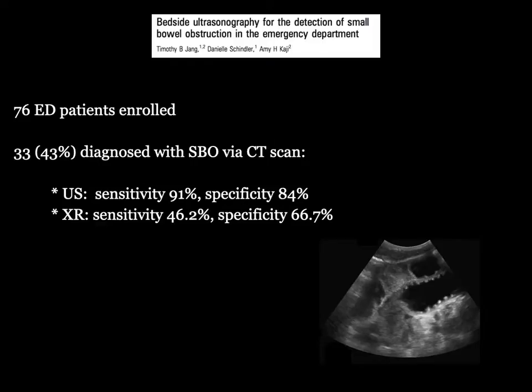Of the patients who had a CT scan that demonstrated a small bowel obstruction, ultrasound had a sensitivity and specificity of 91 and 84%, compared to X-ray, which had a sensitivity of 46% and a specificity of 66%. So I think you can see here, just based on this very small study, that the sensitivity and specificity of ultrasound are much better than plain film imaging if you're concerned about a patient in the emergency department with a possible small bowel obstruction.